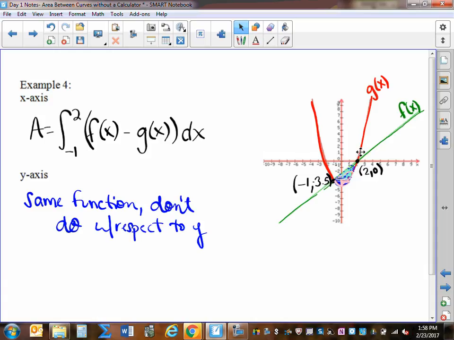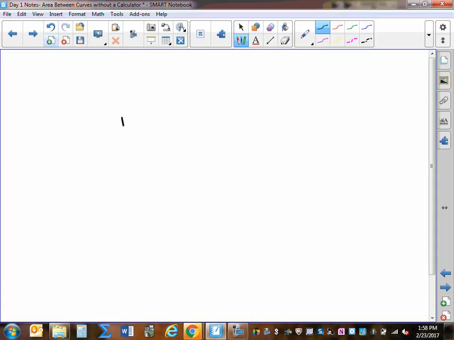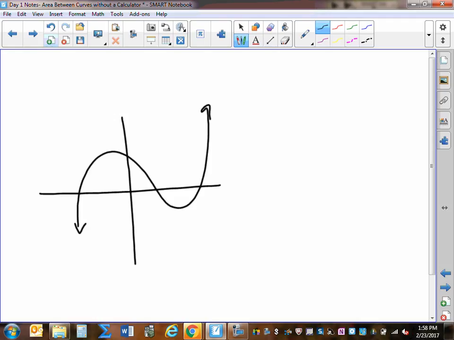The integral by itself, before when we were finding the area underneath the curve, for example here, with respect to the x-axis meant that if it was above the x-axis, it was positive. And if it was below the x-axis, it was negative.